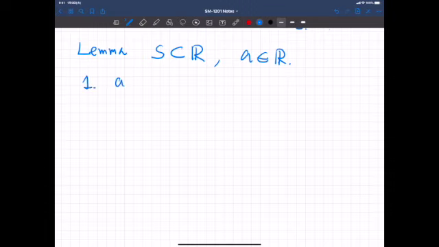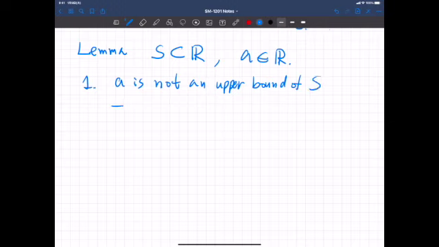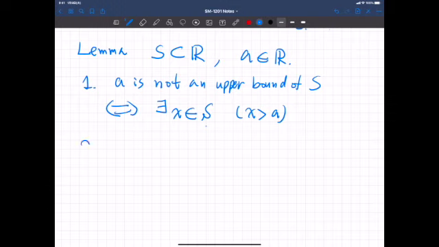First, A is not an upper bound of S if and only if there is an X in S such that X is greater than A. I think this is trivial, right? If there is some element of S greater than A, A cannot be an upper bound of S. It's trivial.